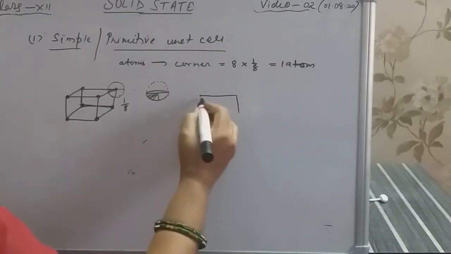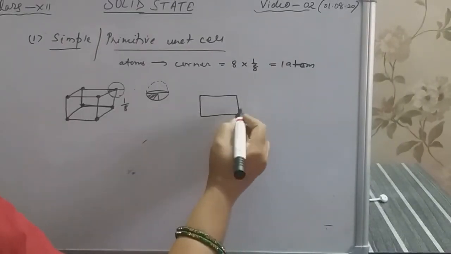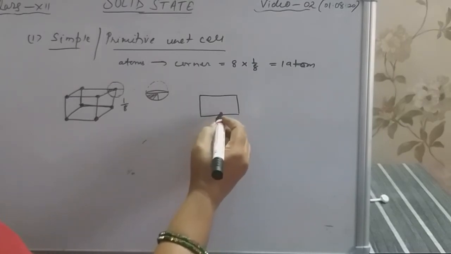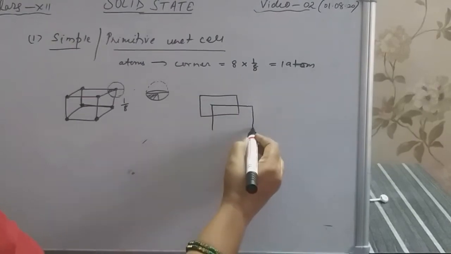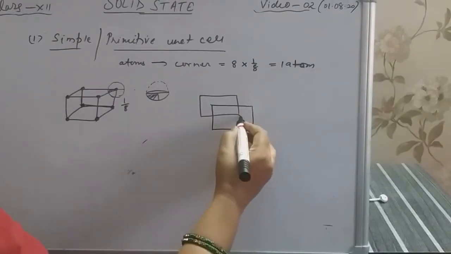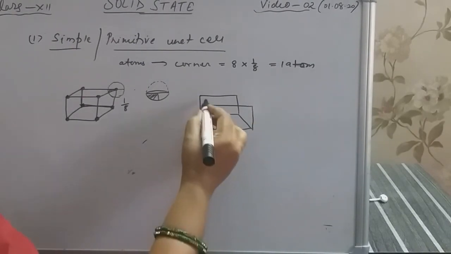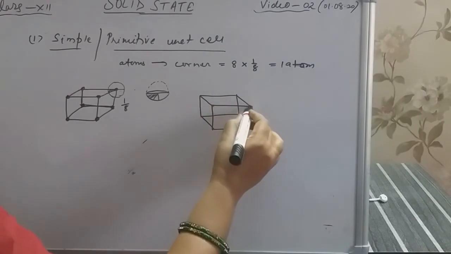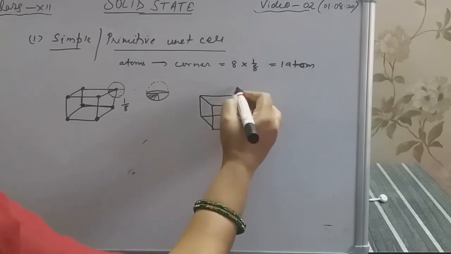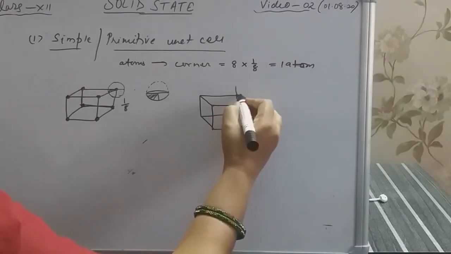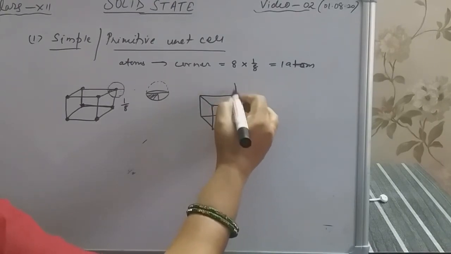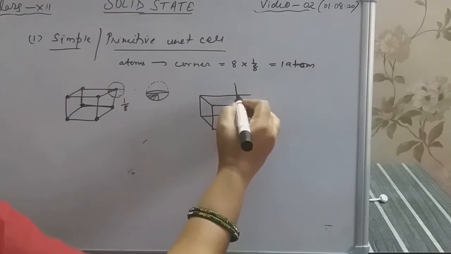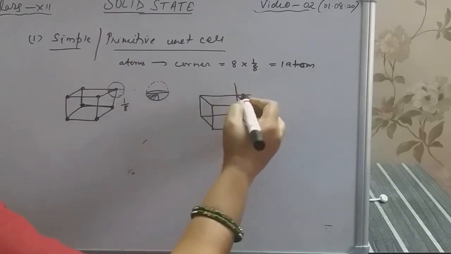It is very difficult to draw. So suppose we cut into 4 parts, 1, 2, 3 and 4.